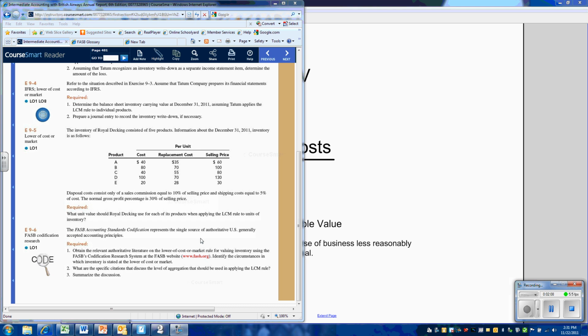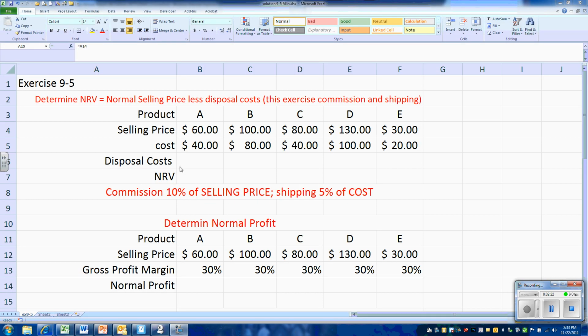So in our example, to determine the net realizable value, we're going to take the selling price and subtract the commission and the shipping cost. I've set up this Excel spreadsheet to help us determine the net realizable value.